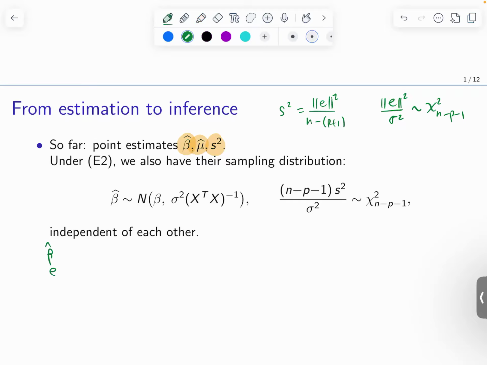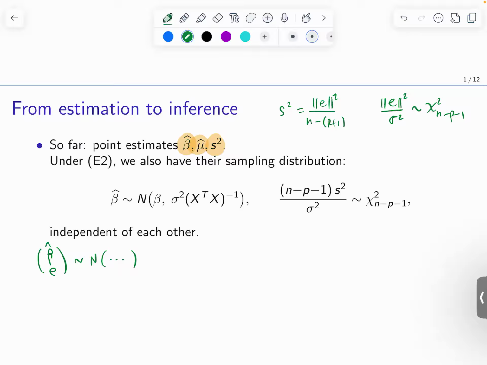Okay, great. Yeah, so this was the first fact. Under that assumption, E2, these are normally distributed, or multivariate normal. And then the next step is we also did a calculation. We showed they were uncorrelated.